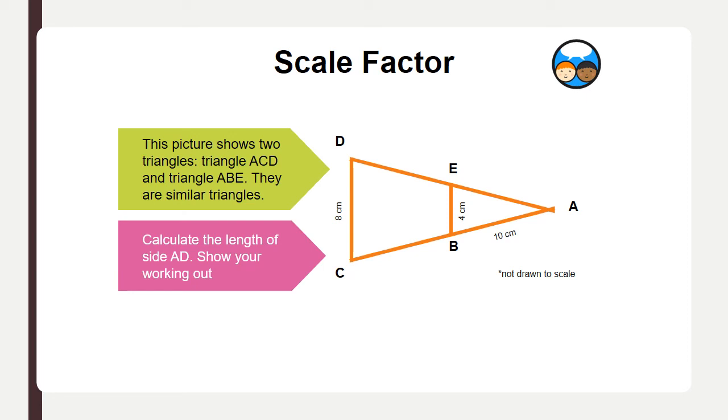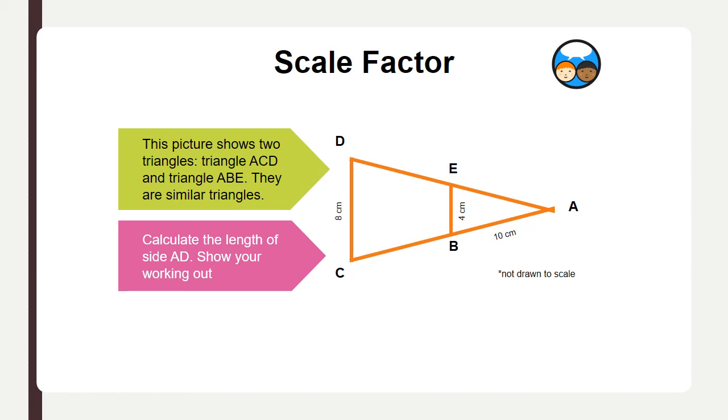Excellent. Well, to work out the length of side AD, remember they are similar triangles. So AD is going to have a relationship with the length AE. We know there's no measurement shown for AE, but there is a measurement shown for AB, which is going to be the same as AE, because this is an isosceles triangle.